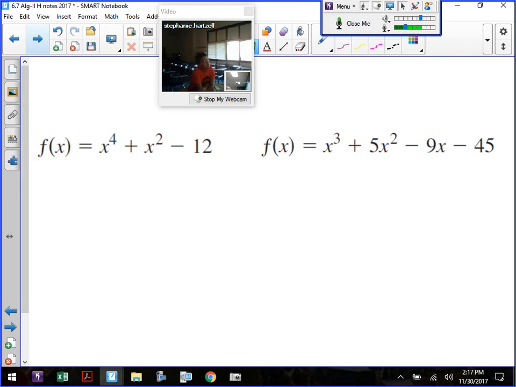There are multiple ways of going about doing these. But for the first one, x to the 4th plus x squared minus 12, you know for dead certain how many answers you should have? 4. You have to have 4 because it's a 4th degree polynomial. That's mathematics. Take a second to figure that out.